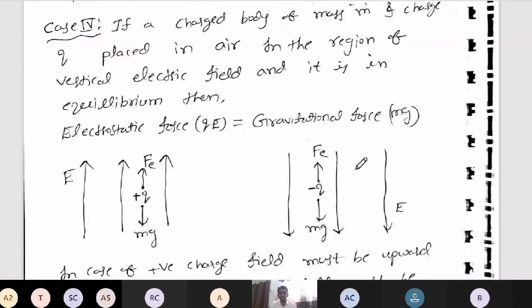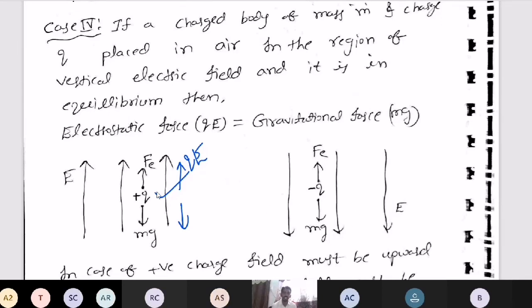And one more thing also, you can balance a charge in the presence of an external field in air. This also we have discussed: if a charge Q is placed in the air, then its gravitational force mg will act downward. And if you apply an electric field, an equal force QE will act in the opposite direction.